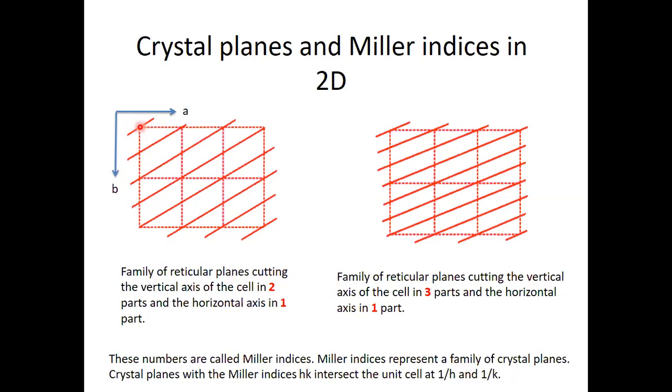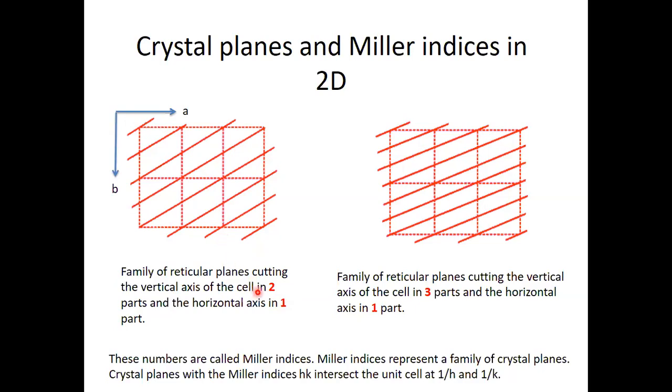Now when we look into a direction, we see that there's only one part, so we have to go a full lattice parameter a into a direction until we meet the next lattice plane, and then another full lattice parameter, and then another. We can say that these 2 numbers, 2 and 1, define our family of crystal planes.